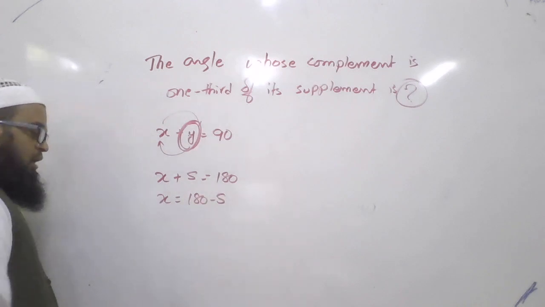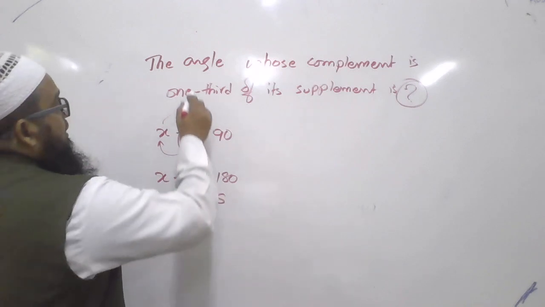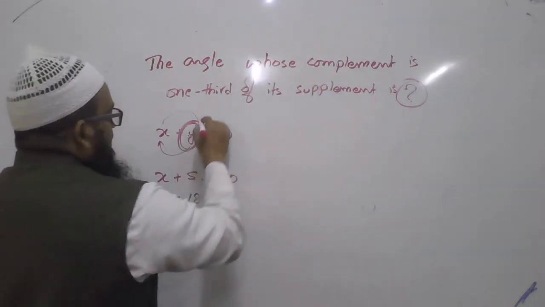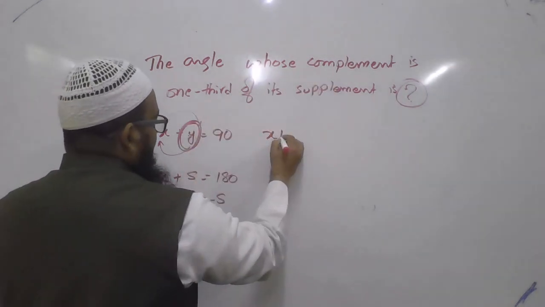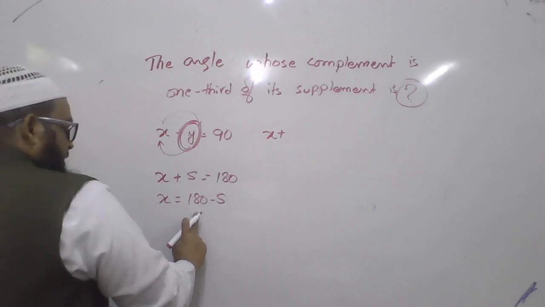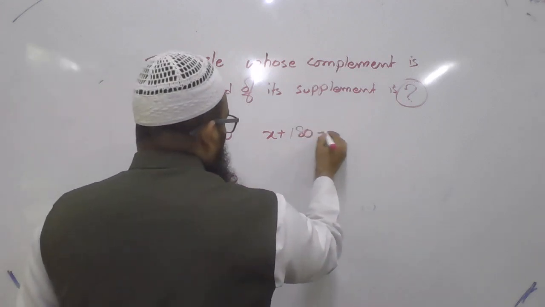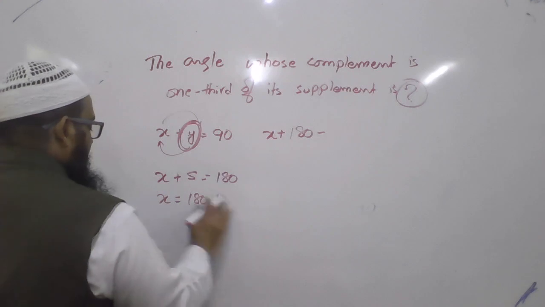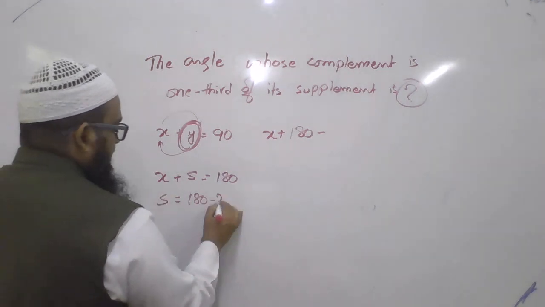Understood or not? Now he is telling that the angle whose complement is one third of its supplement. So the x plus, what is one third? 180 minus s, right? Well, let us take it as x.